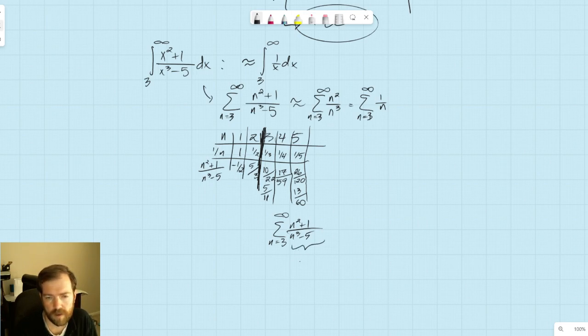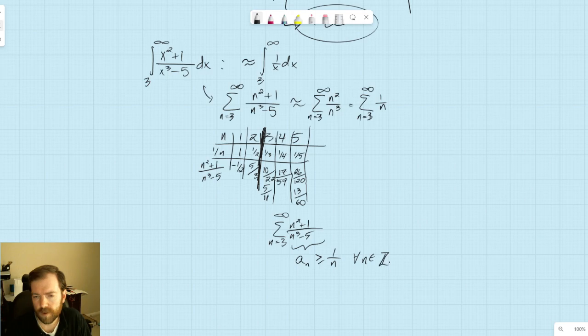So here, a sub n is going to be greater than or equal to, technically, 1 over n, for all n belonging to the integers greater than or equal to 3. This is bad notation, by the way, but whatever, it's fine. Anybody reading it should be able to understand it pretty well.